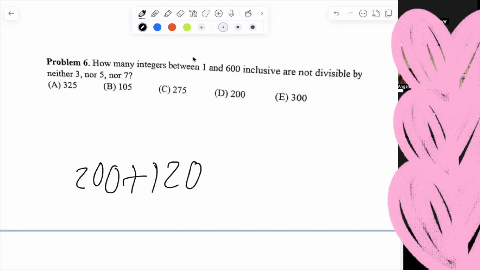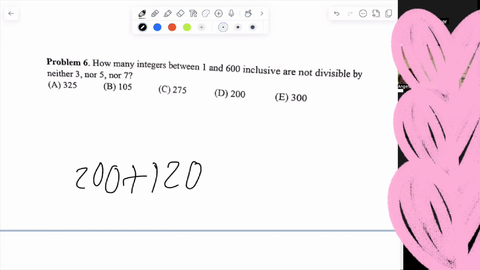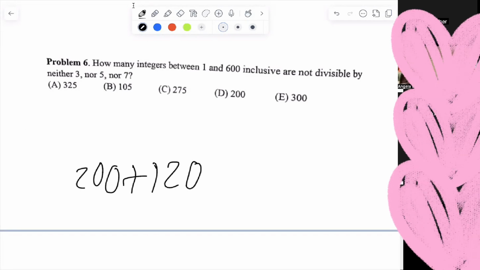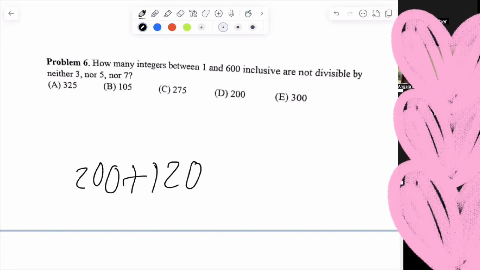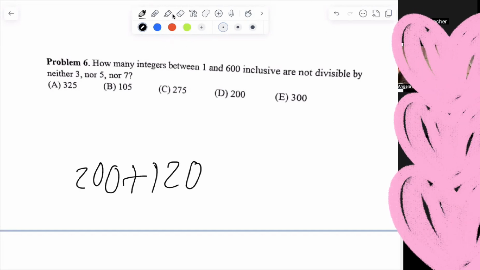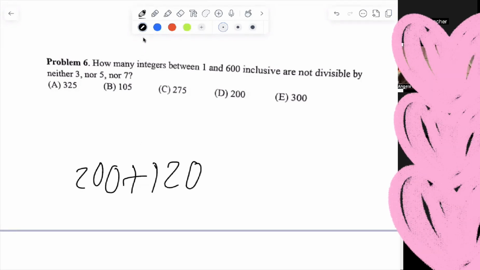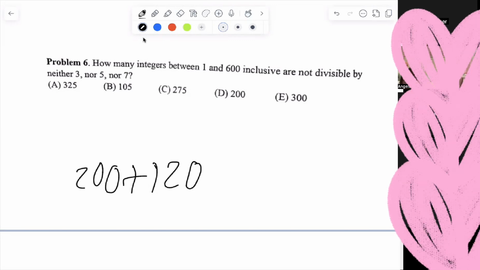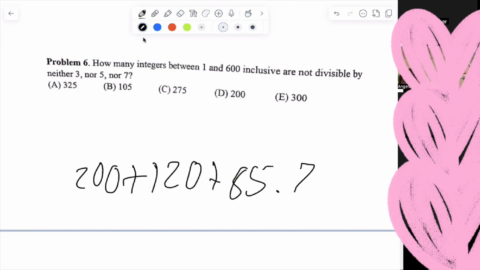That is 600 divided by 7, which is 85.71.